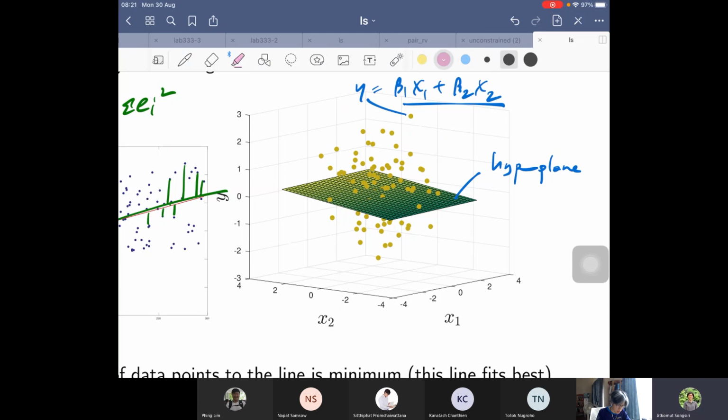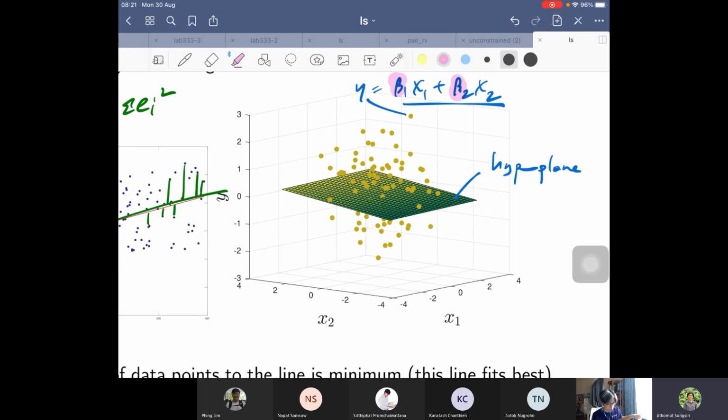But then the problem of linear least square, where you want to find the best beta 1 and beta 2, is equivalent to finding the best hyperplane. Whether it tilts this way or this way depends on the normal vector. The hyperplane depends on the normal vector.